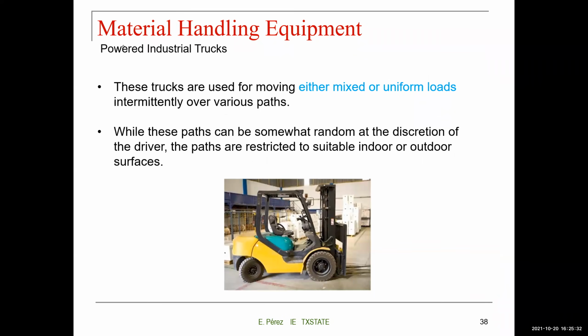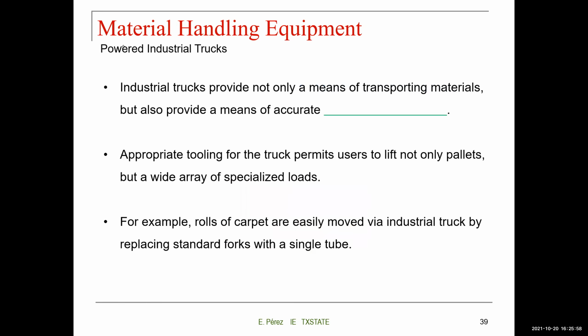Let's see. Power industrial trucks. These trucks are used for moving either mixed or uniform loads intermittently over various paths. Again, that's the flexibility. Or these paths can be somewhat random at the discretion of the driver. The paths are restricted to suitable indoor or outdoor surfaces.